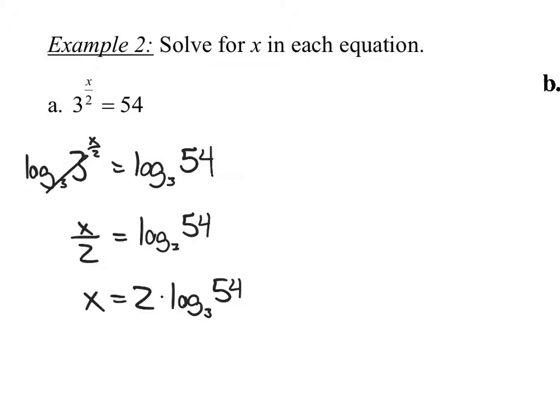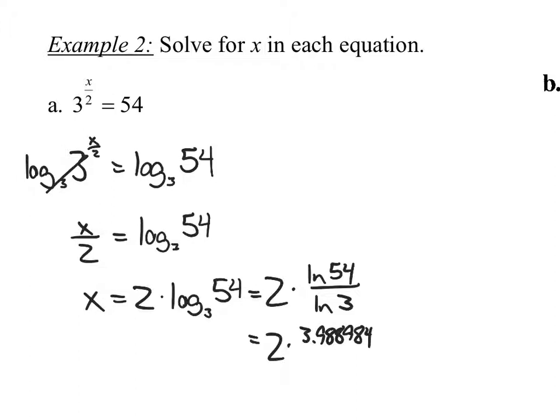So if I wanted to actually evaluate this, I would rewrite it as 2 times ln of 54 divided by ln of 3. So ln of 54 is 3.988984, and so on.